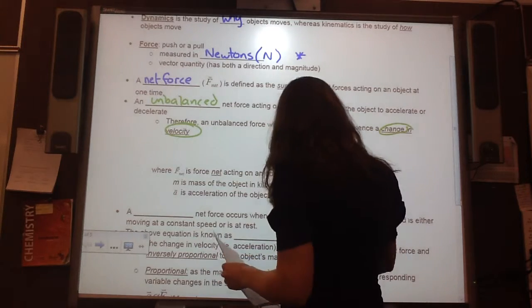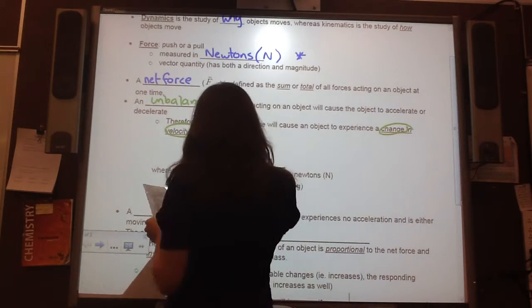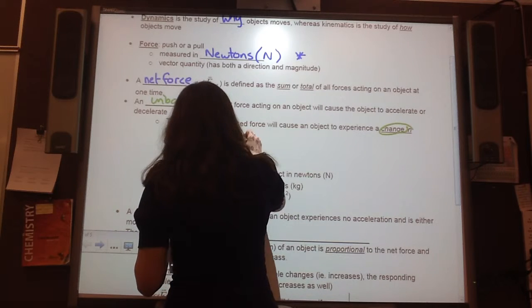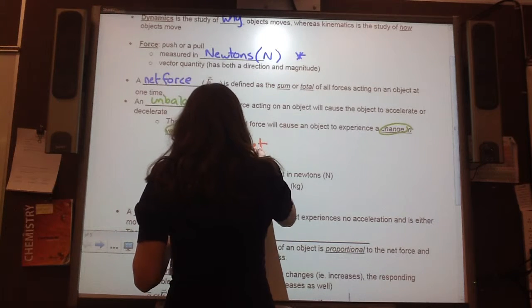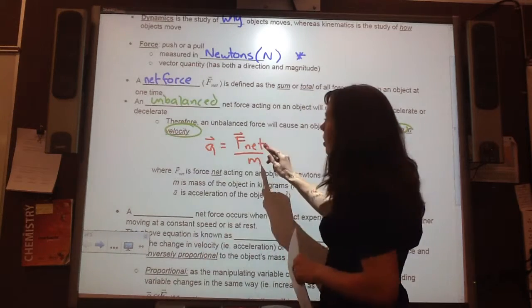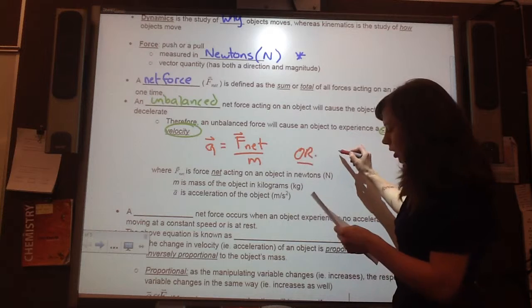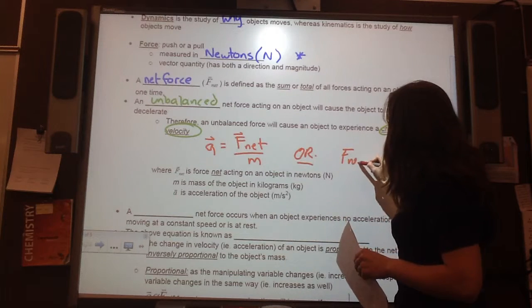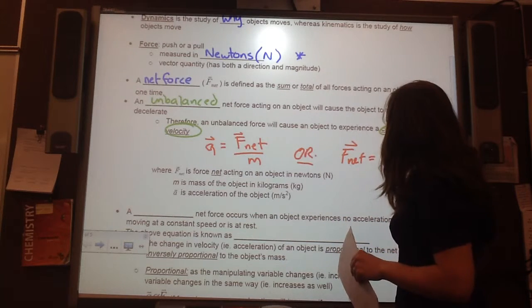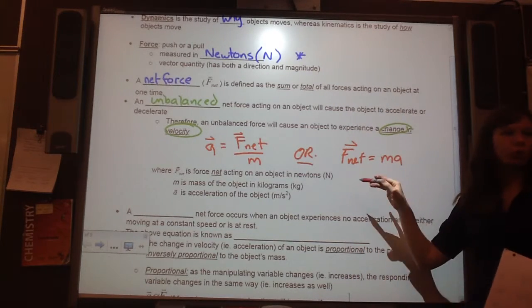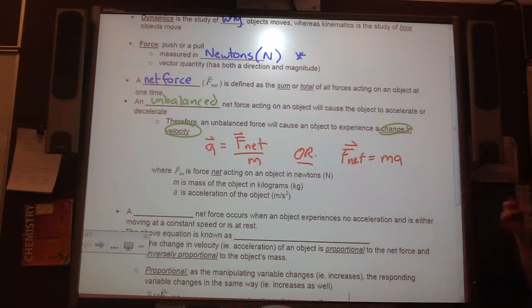As we've said on our data sheet, we have a is equal to F net over m. It's on our data sheet like that, but often people will write it just like F net equals m times a. That's often how it's described with Newton's laws, because he talks about forces.